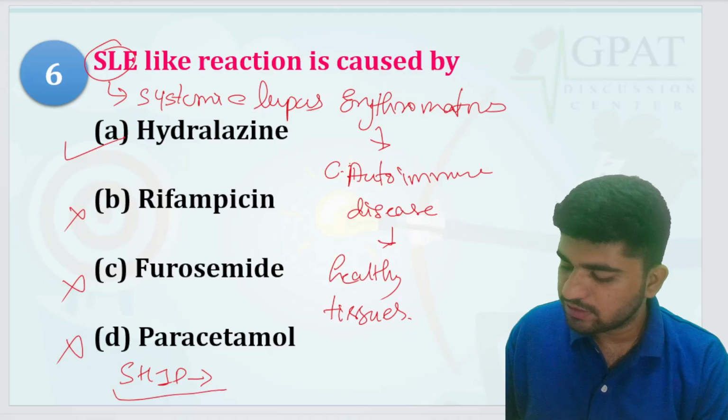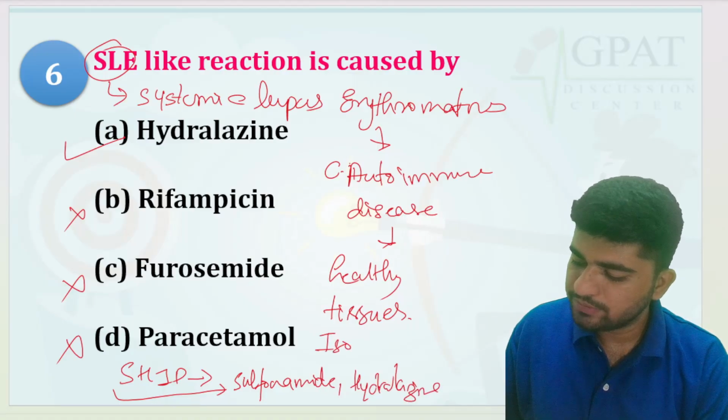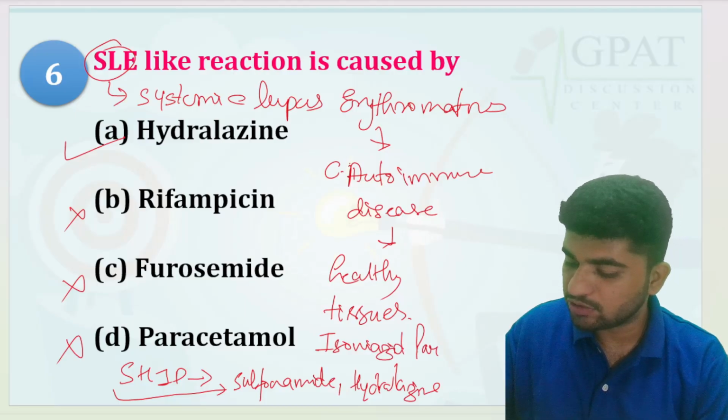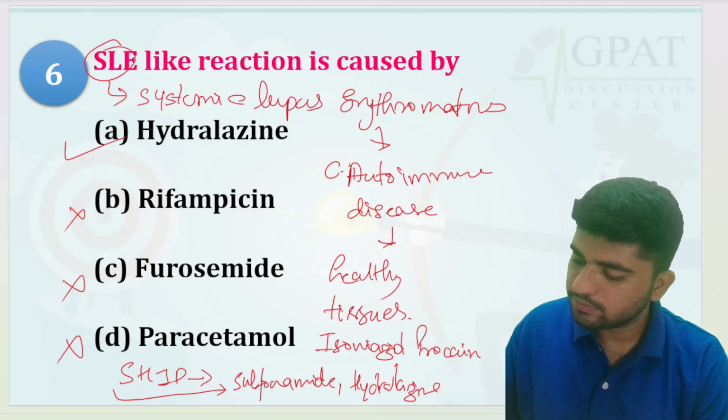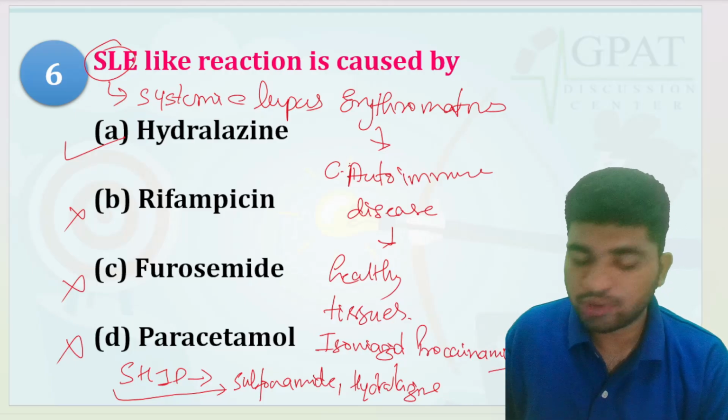S for sulfonamides, H for hydralazine, I for isoniazid, and P for procainamide, not for paracetamol. So these drugs may cause SLE-like reaction. You can learn it through this.